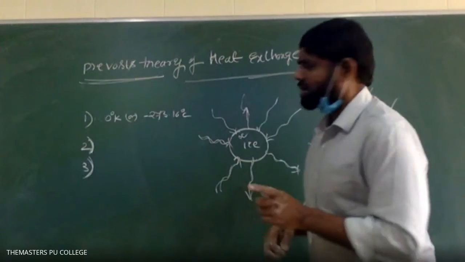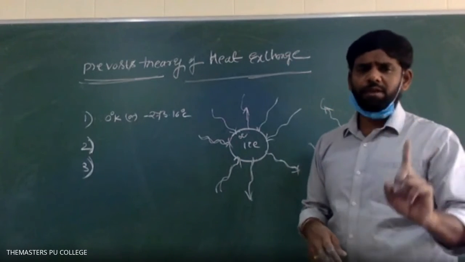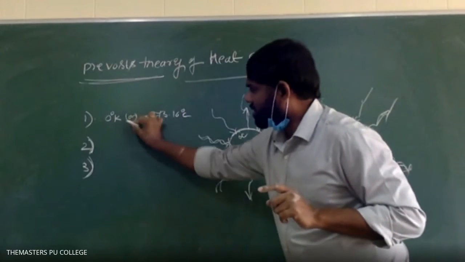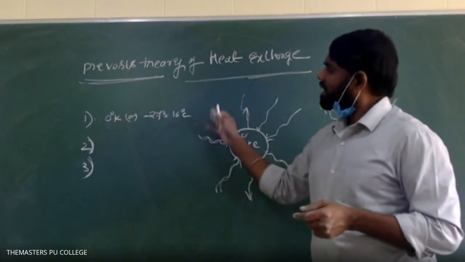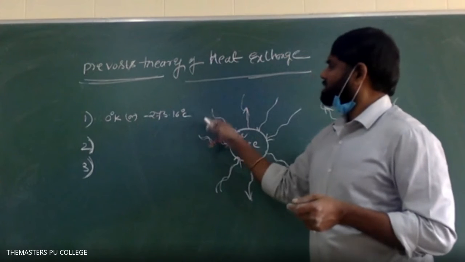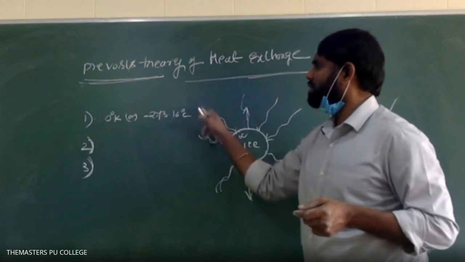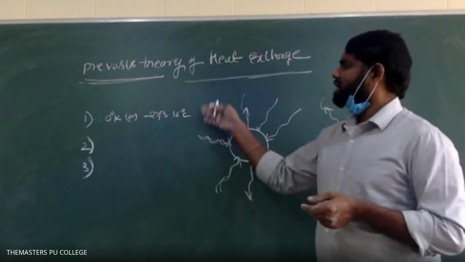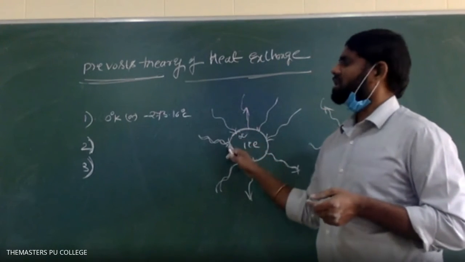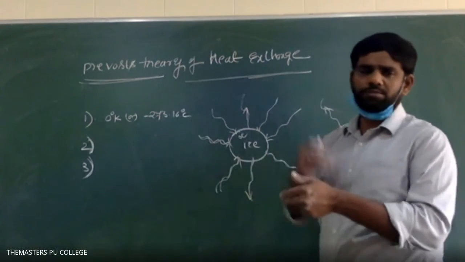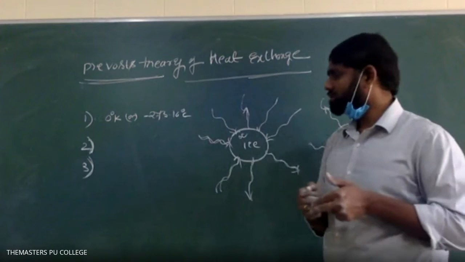Students, remember that every body will emit thermal radiation except at 0 degree Kelvin, and exchange of heat takes place with the surroundings. Either it may give energy to the surroundings or absorb energy from the surroundings. That is called exchange.